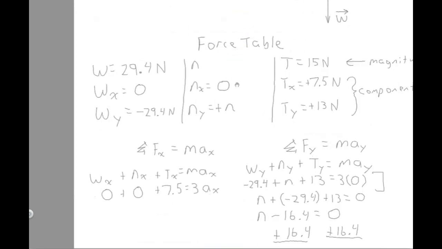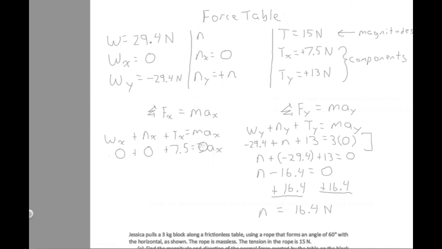I've also already mentioned another example of the importance of thinking in terms of components, which is again this number for the tension, 15 newtons. Remember again that we never plugged this number 15 newtons directly into either of the Newton's second law equations because it represents an overall vector.